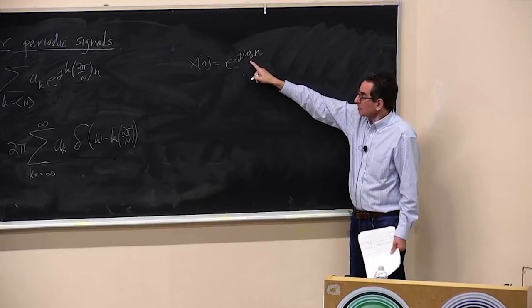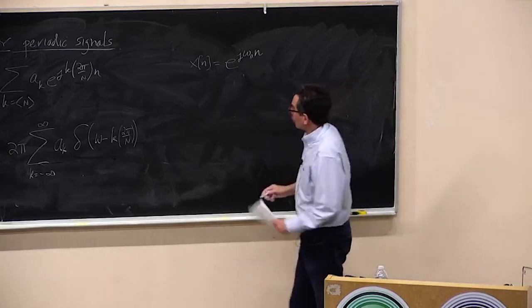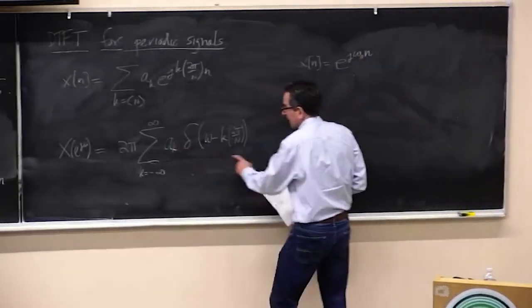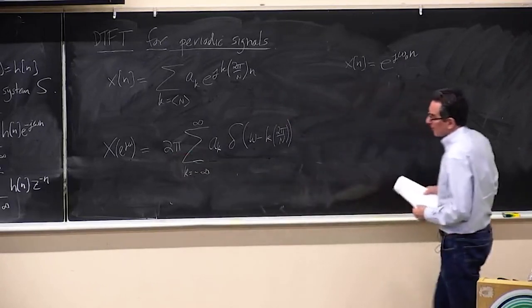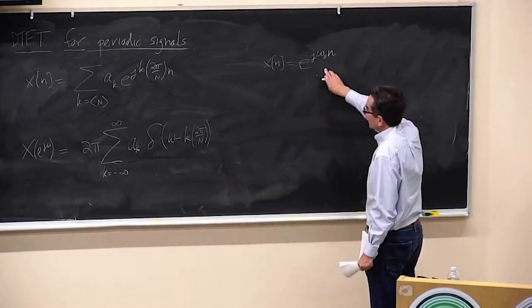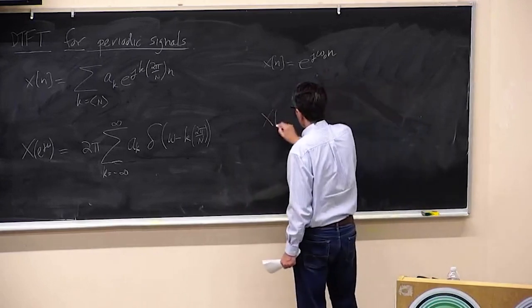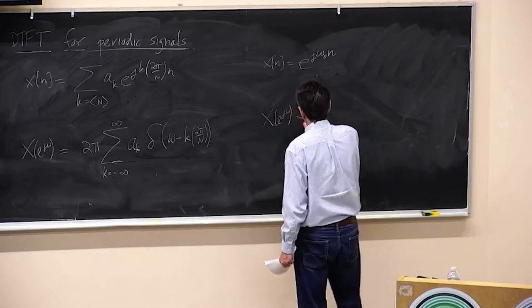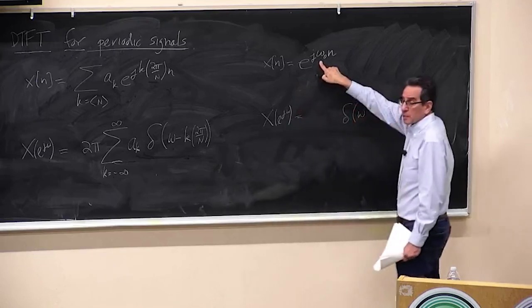But just as in continuous time, we can ask what choice of x of e to the j omega would make that synthesis equation hold. We would think this should look like an impulse at this frequency.